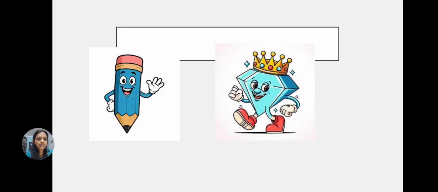Just look at these pictures. It's a pencil and a diamond. Did you know that the gray tips of pencils and shiny colorless diamonds that we saw in these pictures are both composed of the same element? Yes, this element is carbon.